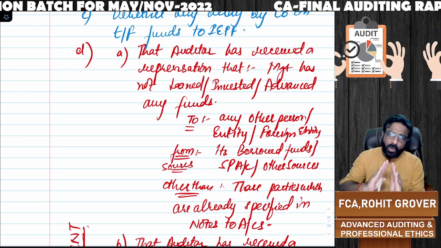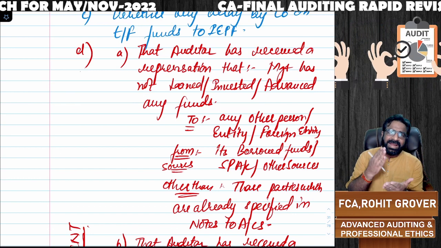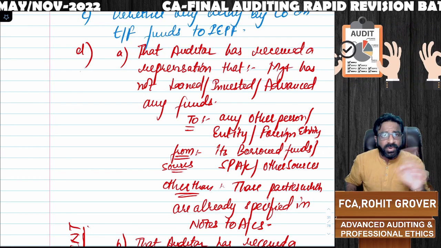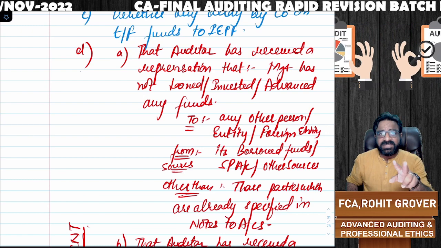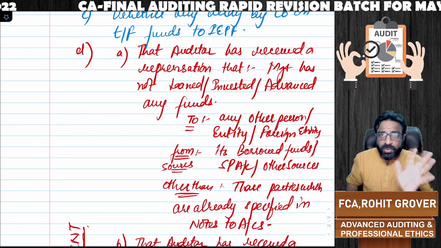So if you have already disclosed any loans, any investments, or any advances given by the company in the notes to accounts, that is fine. I'm not talking about those loans, investments, and advances which are already disclosed in the notes to accounts. I'm not talking about that.